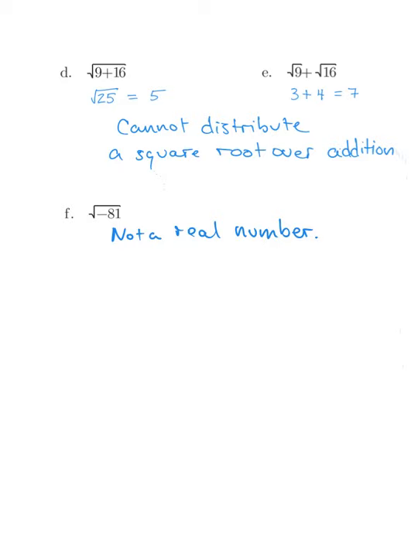If you recall, when we talked about number systems in general, I did mention that there is something called the complex number system. This is an example of what we would call an imaginary number. You do not need to know this. For right now, all you need to know is it is not real.